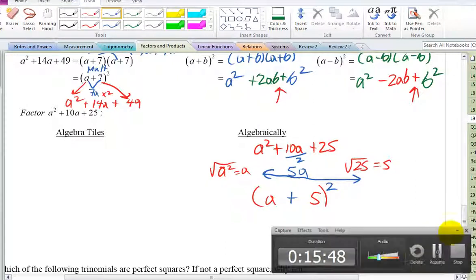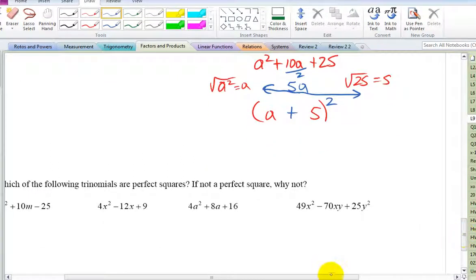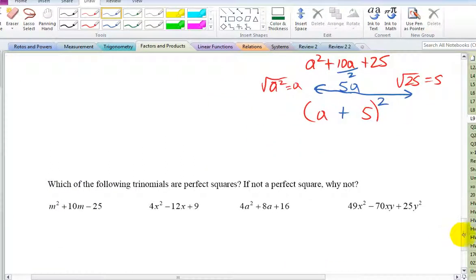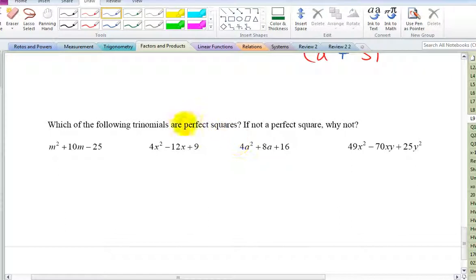Back to learning. Let's go backwards and test out your theories. So, we want to say which of them are perfect squares. If not a perfect square, why not? So can we square root m squared? Yeah, it equals m. Can we square root negative 25? No. Because of the negative sign, it's not a perfect square.